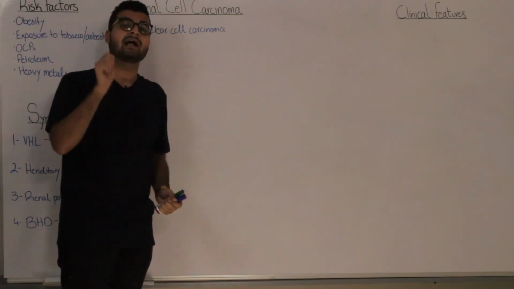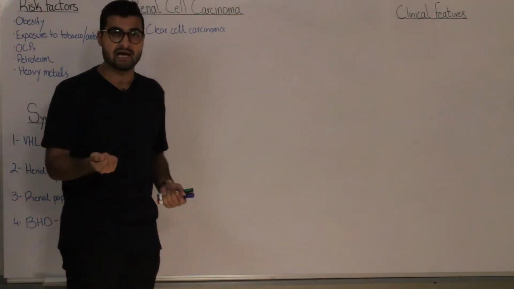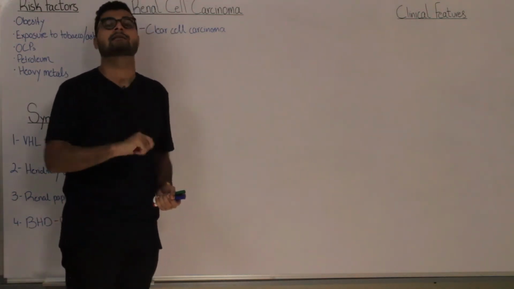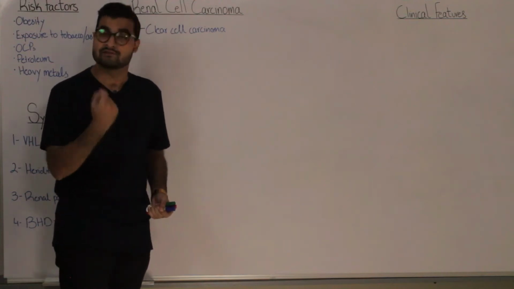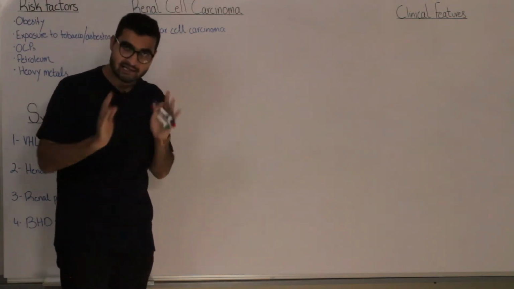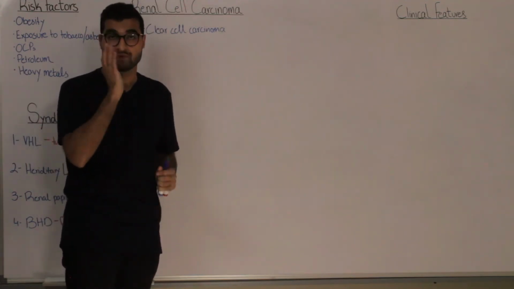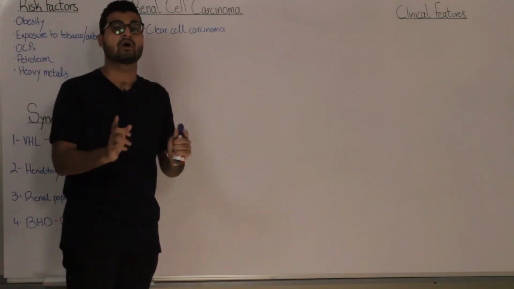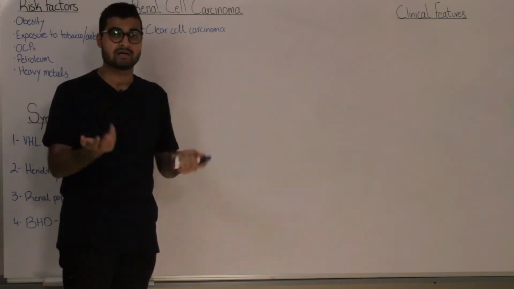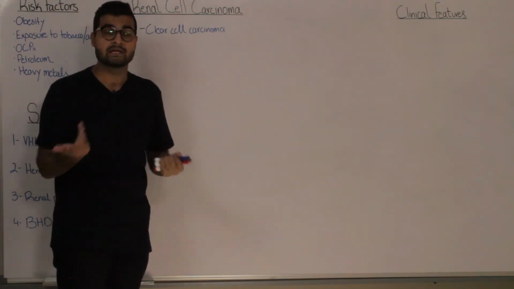But when that one VHL gene undergoes hypermethylation or inactivation, that is when you have an increased risk of renal cell carcinoma. So it's important to understand that you might have people who have just a single copy of VHL because of hereditary inheritance.